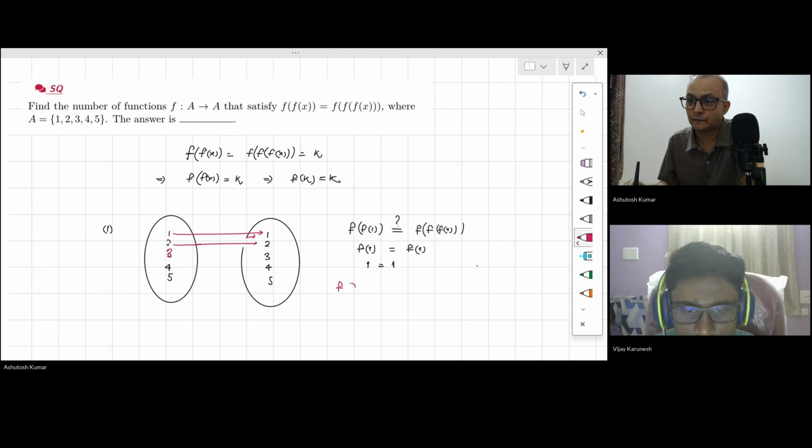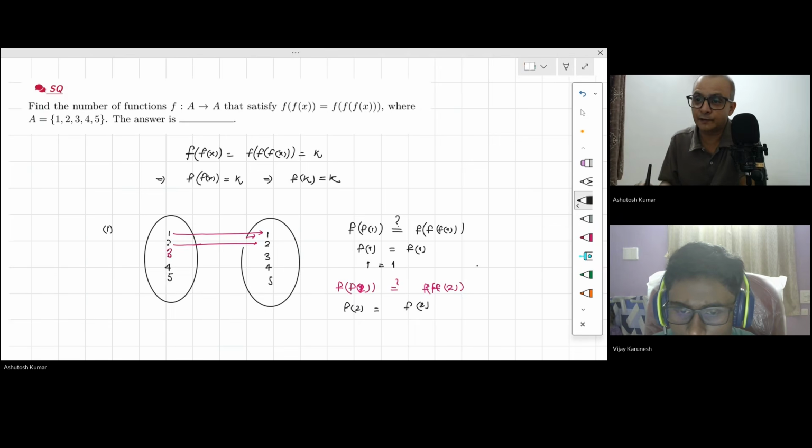I substitute 2, and f of f of 2, since f of 2 is equal to 2, becomes f of 2. On the other side, it is f of 2 again.